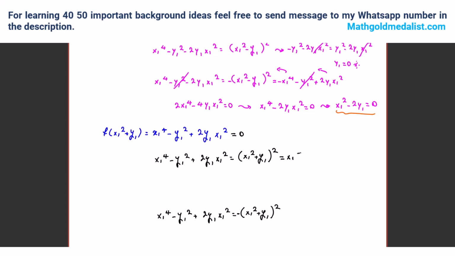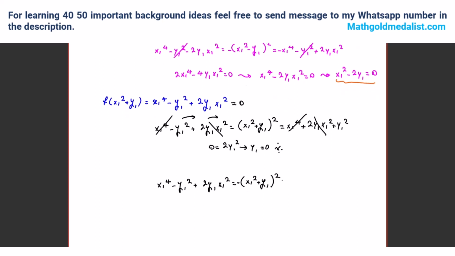So here we have x1 to the 4 plus 2y1 x1 squared plus y1 squared. We can cancel x1 to the 4. We can take these to the right-hand side, so 0 is equal to, and we can divide both sides by 2. We can cancel this and this. So 2y1 squared is equal to 0. So y1 is equal to 0. That's a contradiction.